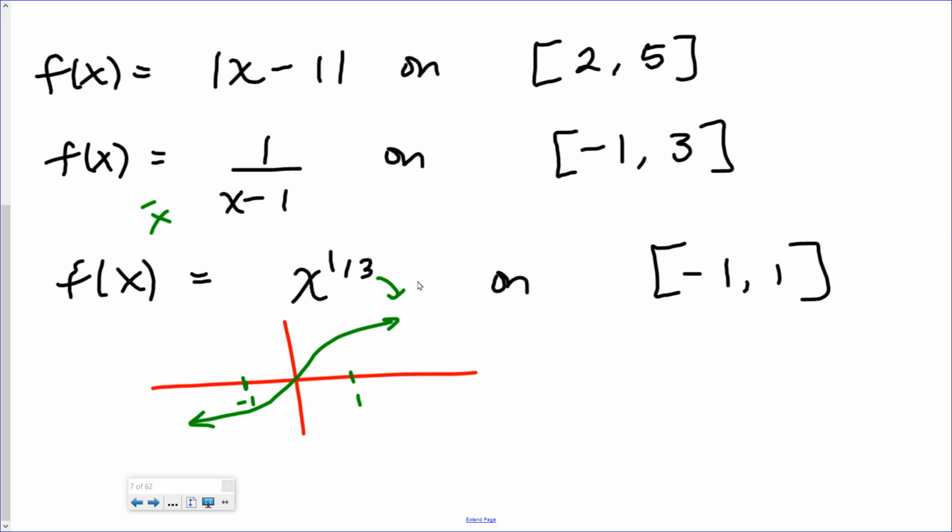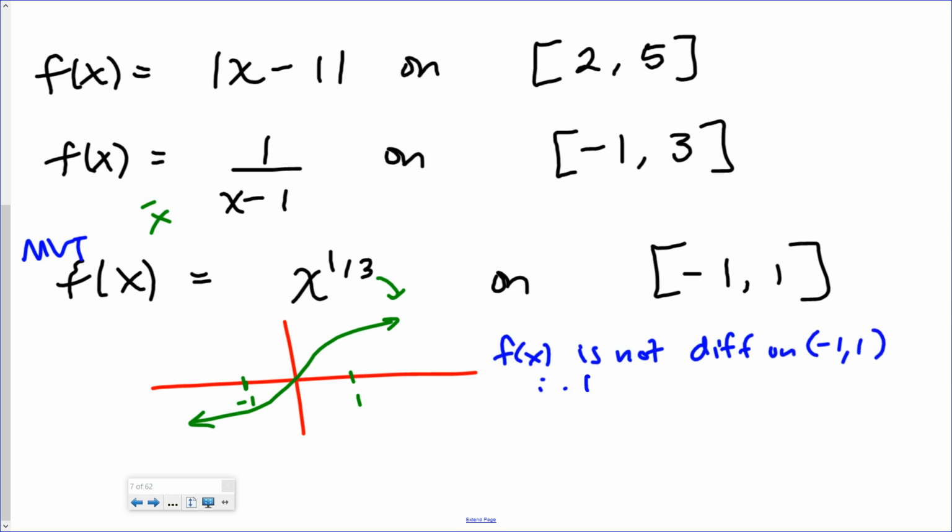Vertical tangent line. If you had this as an MVT problem on your test, what I would like you to do is say the function is not differentiable on the open interval, making sure you use open parentheses because that's MVT. Then you'd write, therefore, MVT does not apply.